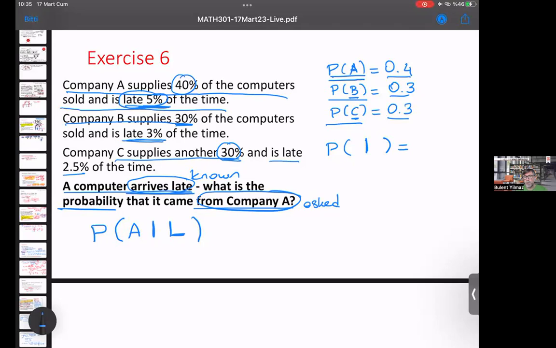Okay, Musa, what do you say? How can you say that? Probability of... Musa, are you there? I don't know, hocam.